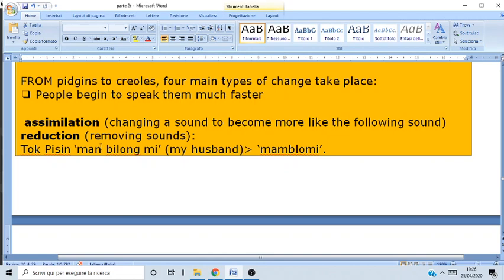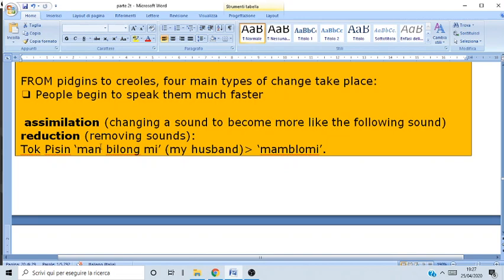I'm going to show you, at the end of this class, we're going to watch a video. It's quite a long video, so that's why I want to keep it for the end of the class. And at a certain point, this person says that Tok Pisin is actually now a Creole because they are native speakers of it, okay?